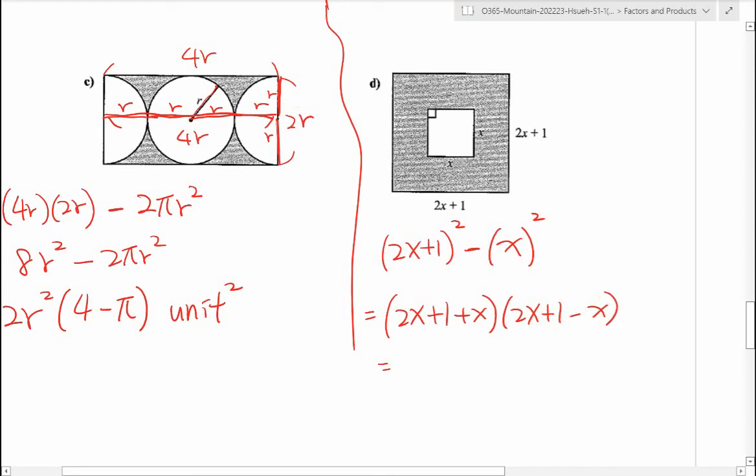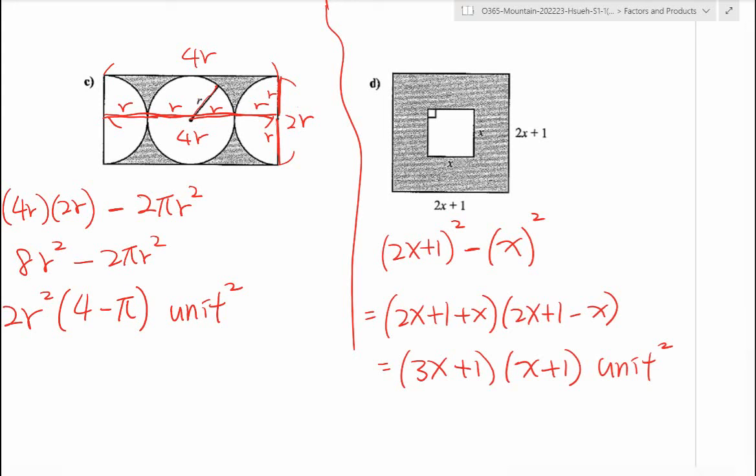That is how you factor the difference of squares. Now we can combine the like terms inside the brackets. We have 2x plus 1 plus x, which is 3x plus 1. And we have 2x plus 1 minus x, which is x plus 1. And again, square units.